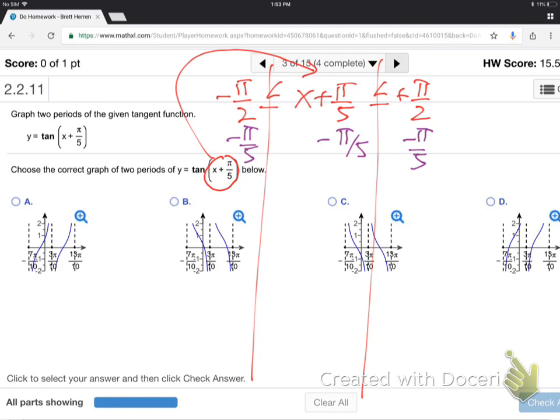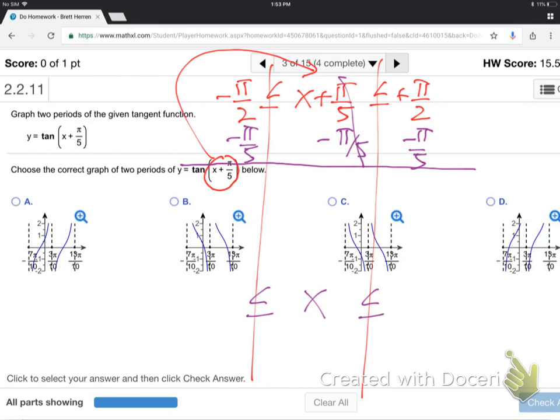Everybody good? So these cancel, and we have x in the middle. We get x alone. So on the right side, how do we take pi over 2 minus pi over 5? To make a common denominator. Yeah, with fractions added and subtracted, we got to make common denominators, don't we?